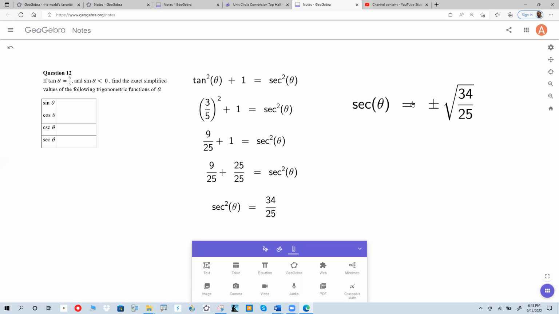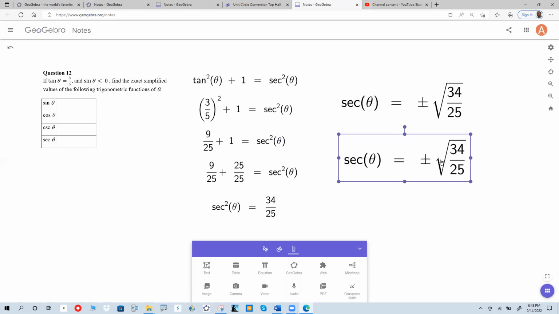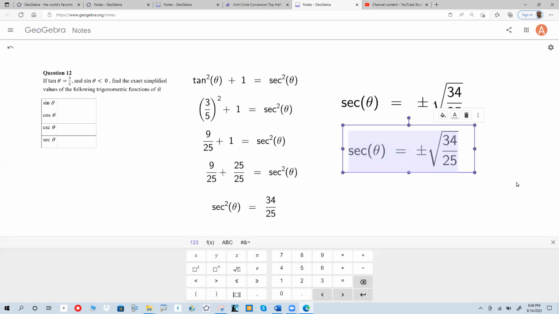Square root of 34 is square root of 34. But square root of 25 is 5, and that's what I'm going after.